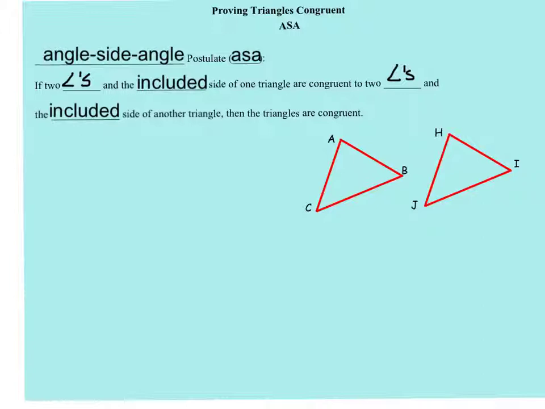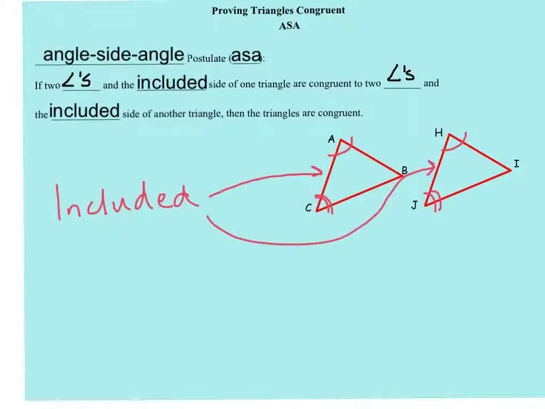So we need two angles. Let's say that angle A is congruent to angle H, and angle C is congruent to angle J. Those are our two angles. Then we need the included side. Once again, the included side refers to the side that comes between the two angles that we are using. So our included side would be AC and HJ.